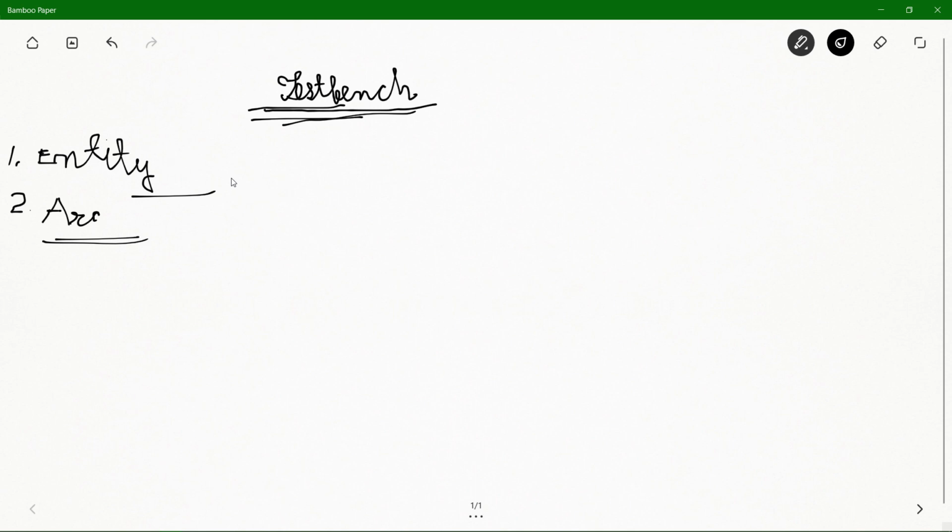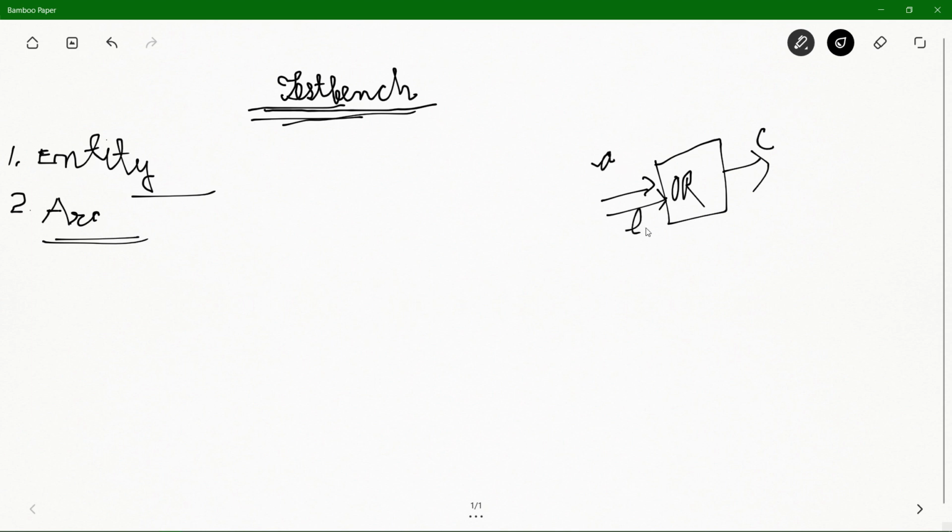Let me give you guys a short recall about these two topics. So what we have learned in entity, that when we are giving the entity input to my compiler, it is making a diagram like this. Suppose I'm naming it OR, and this was my output.